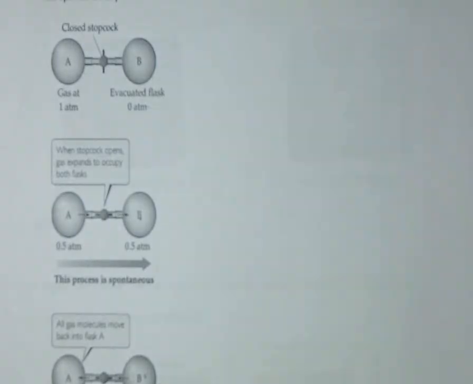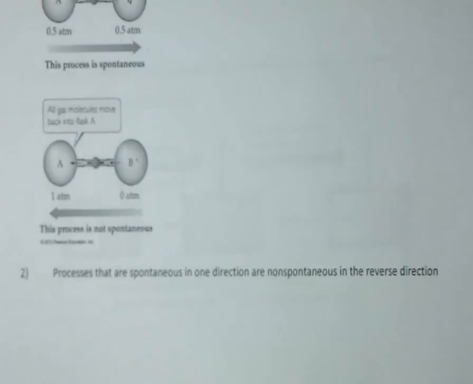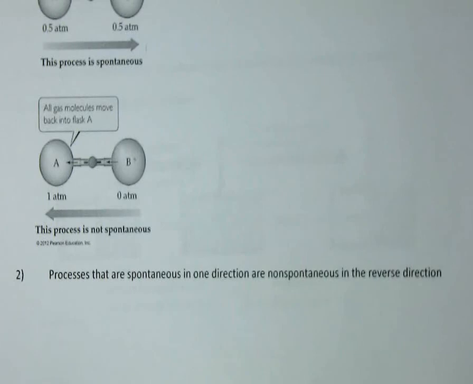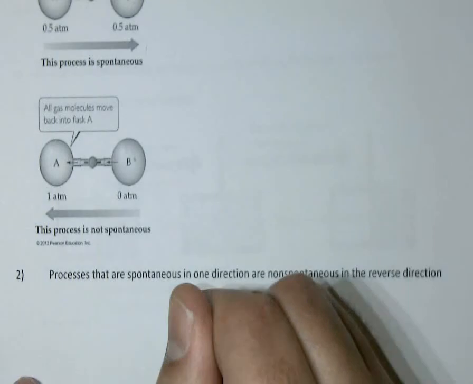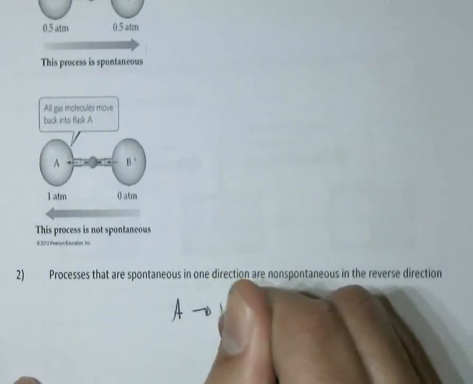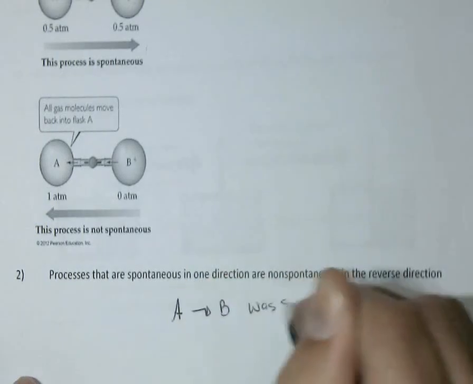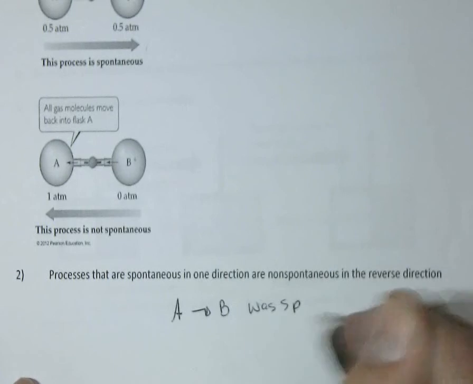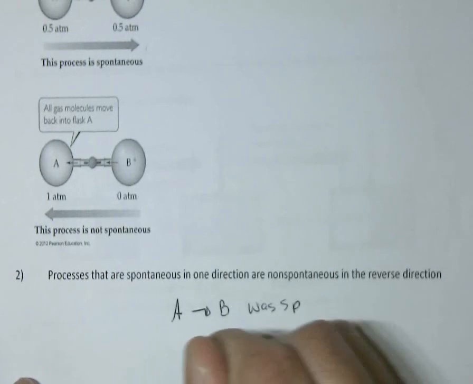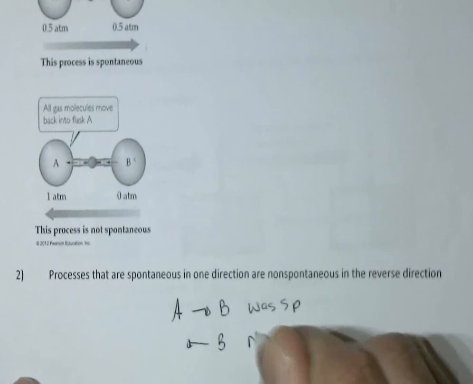Usually, as a rule of thumb, processes that are spontaneous in one direction are not spontaneous in the reverse. So in this previous example, since A to B was spontaneous, the other direction from B back to A is going to be non-spontaneous.